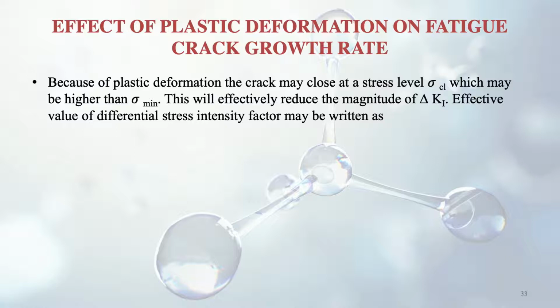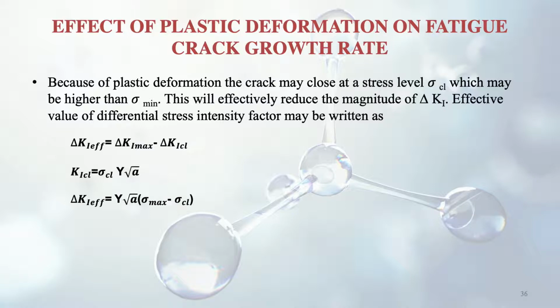All these things we have discussed in the previous session. Delta K is the stress intensity factor we discussed, so we are discussing it again here. The effective value of the differential stress intensity factor can then be written as delta K max minus K CL. So it will not be K min here, instead it will be K CL. So this delta K effective has now reduced, and K CL is given as sigma CL into Y into root A. If you recall, it is the same formula, only the stresses have changed.